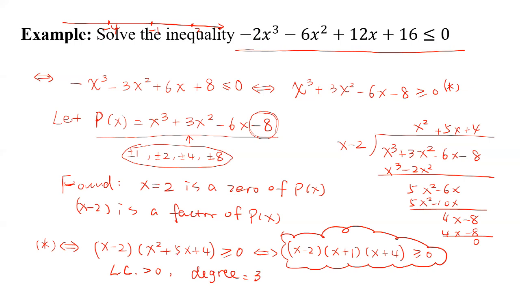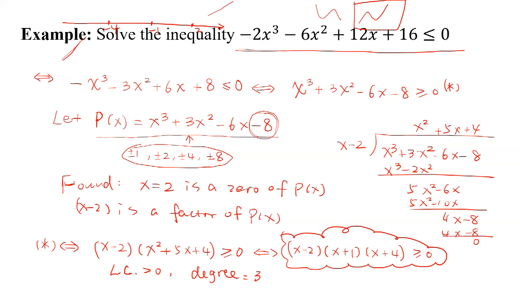For an odd degree, the function will look like this or this. Also, since the leading coefficient is greater than 0, the function will have a pattern like this. That means it will extend from the third quadrant all the way up to the first quadrant.